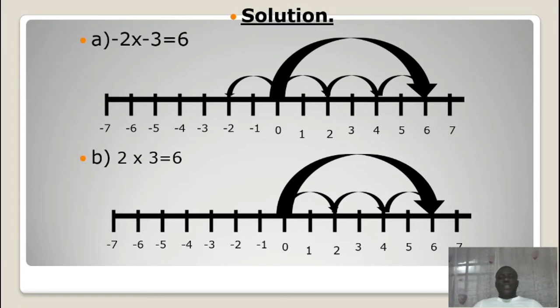That is how we managed to get the answer. And since we counted 3 times, it ends at 6. That simply means that 6 is the final answer, that is positive 6.